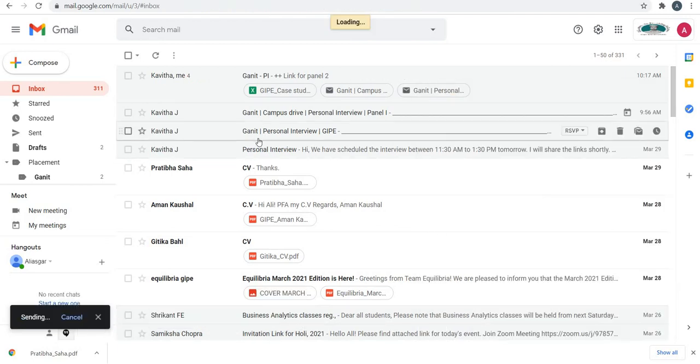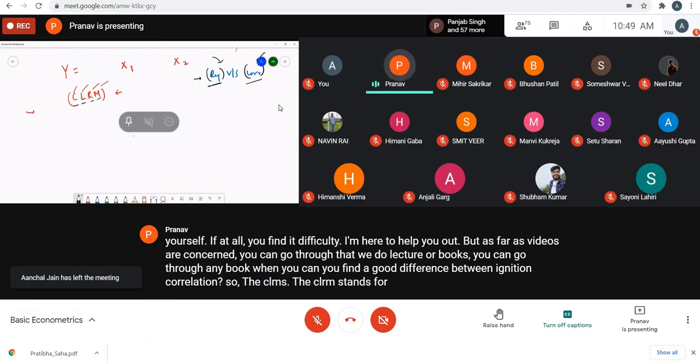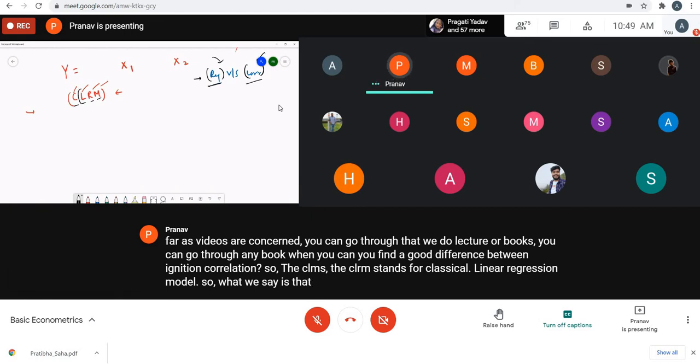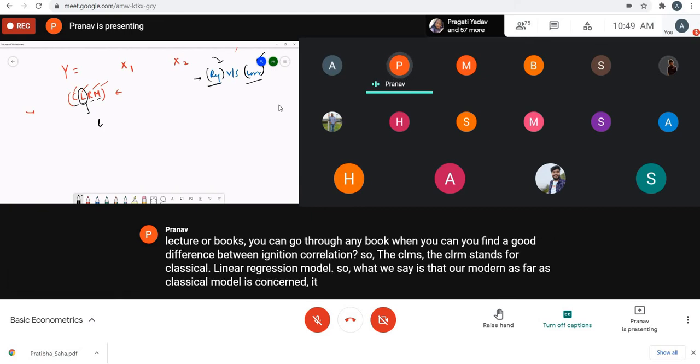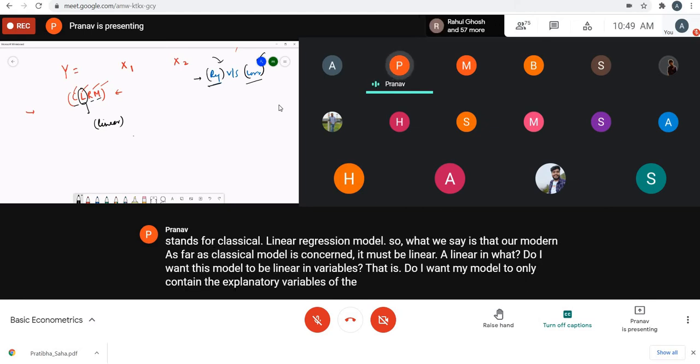So this CLRM stands for classical linear regression model. So what we say is that our model, as far as the classical model is concerned, it must be linear. And linear in what? Do I want this model to be linear in variables? That is, do I want my model to only contain the explanatory variables of the power 1?